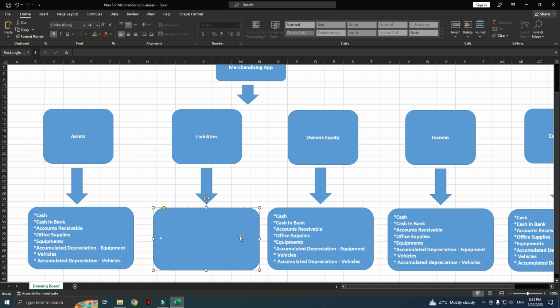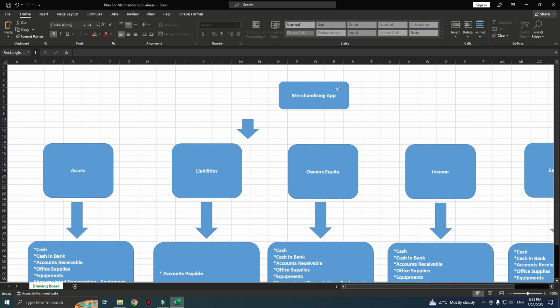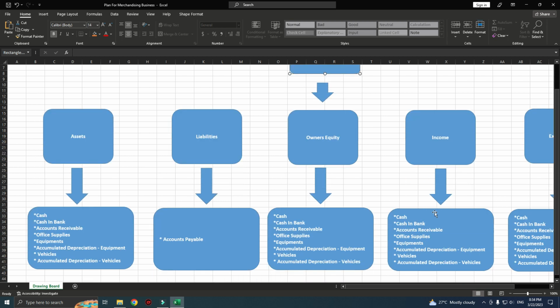Okay, so in liabilities, we have accounts payable. That's what I can think of for now. For now, it really doesn't matter since we want to be able to increase the account titles in each category.